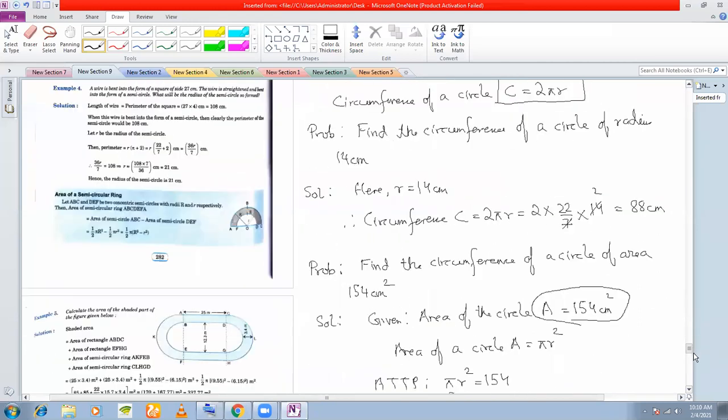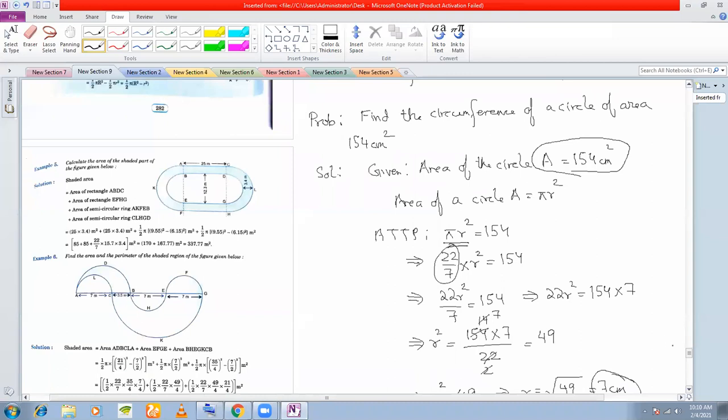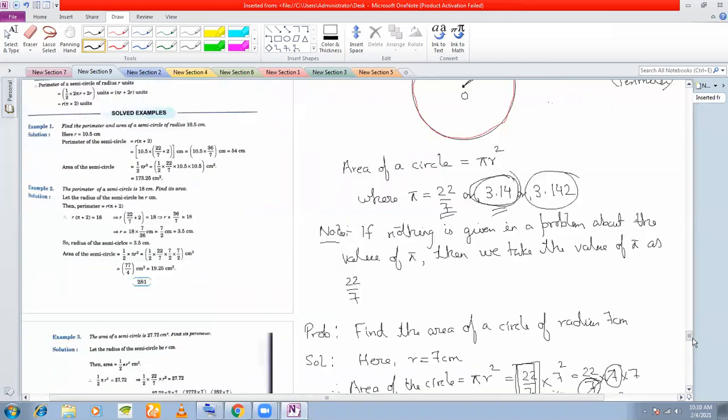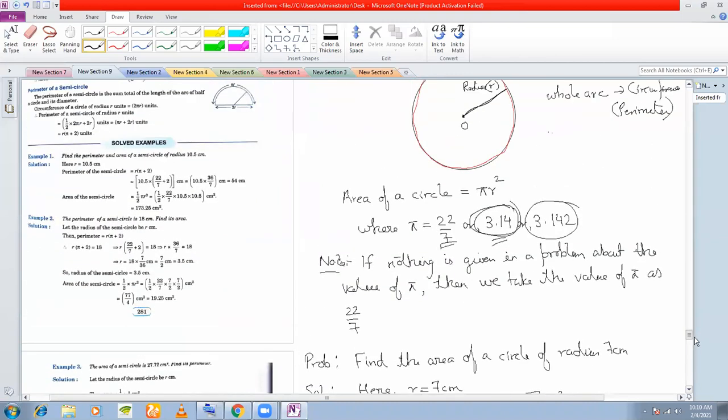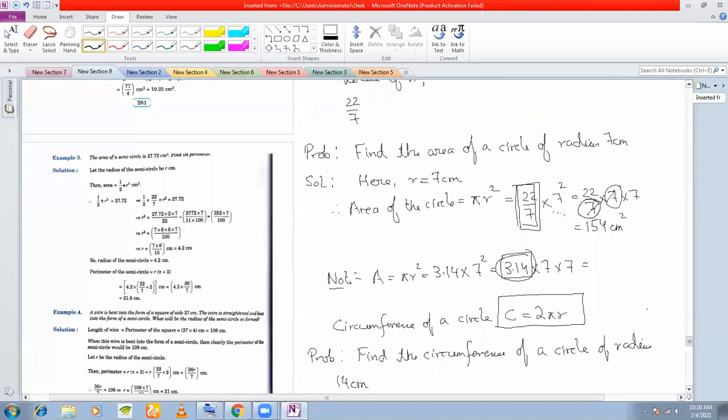See, the formula of area is pi r square. The formula for area of a circle is pi r square. That is why when we were calculating the area, we used the pi r square formula and the radius here was 7. So that is why we squared.